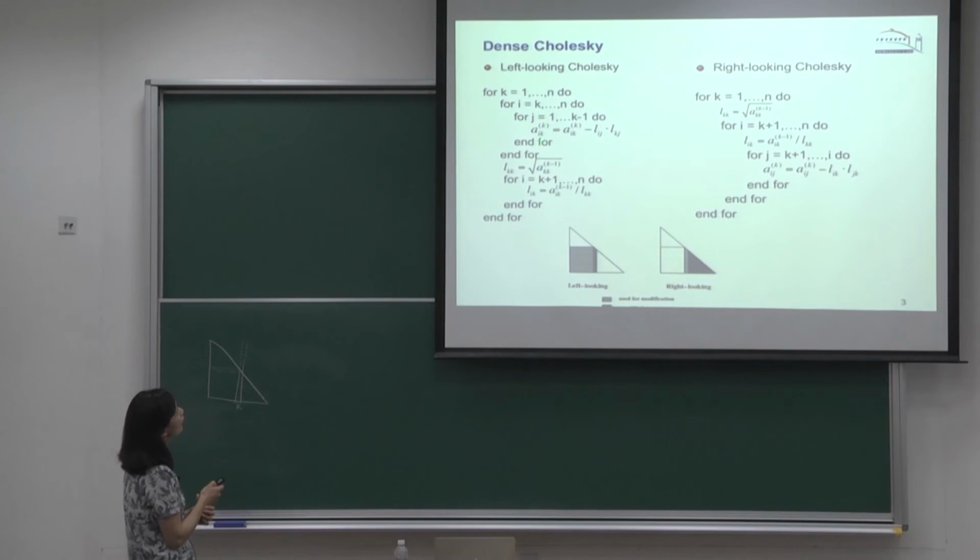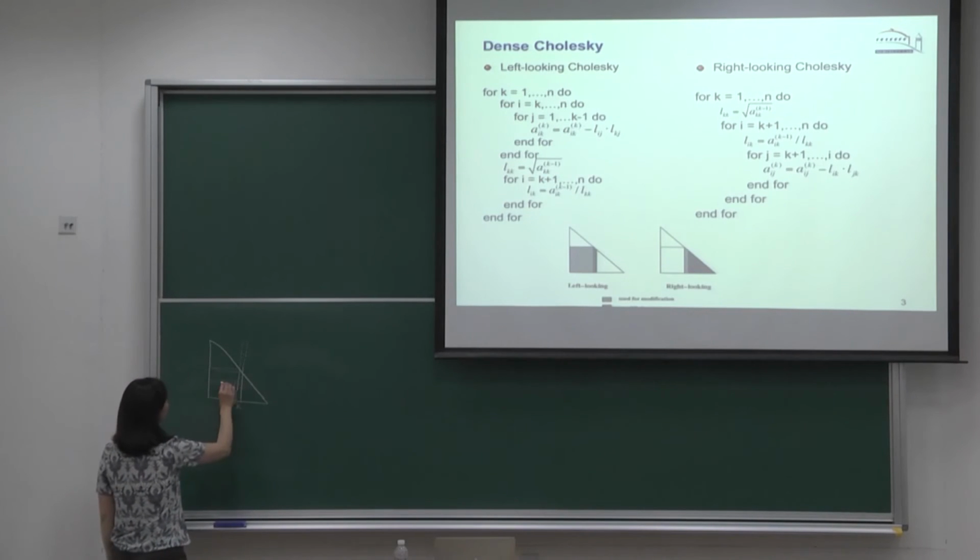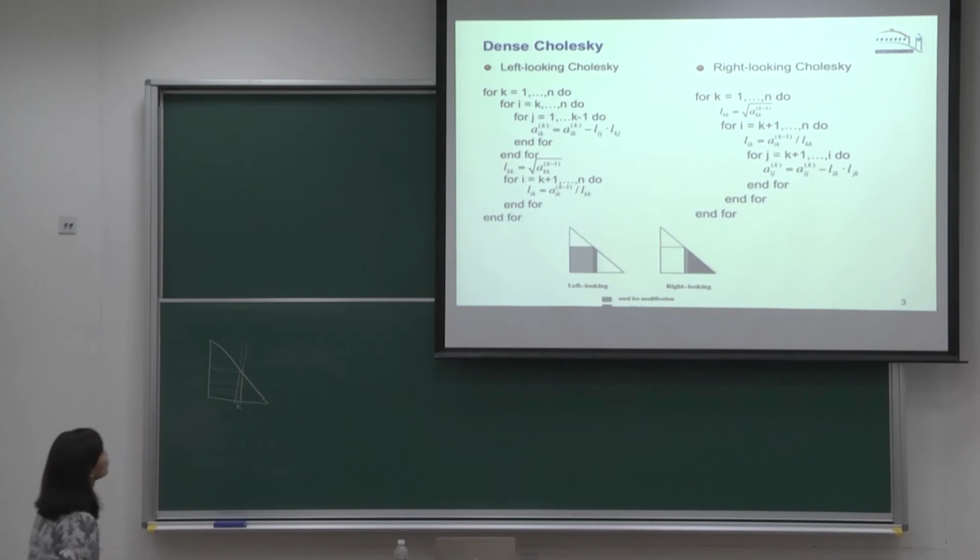So the whole column a_ik will be updated by l_ij, one of these elements, times l_kj. One of these guys needs to multiply with this and then accumulate. So for each row here, I do a dot product with this, and update here. So that's the left-looking algorithm.